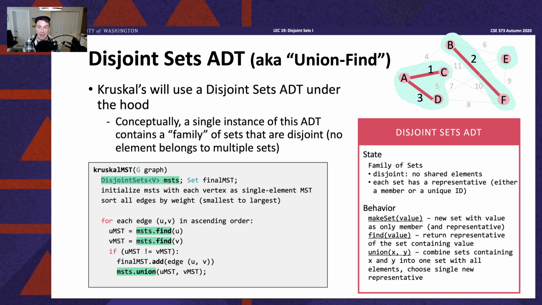How should it behave? So a disjoint sets ADT, we'll think about its state as being a family of sets. In this partial run of Kruskal's over here, we have three sets that together form a family. Each of these sets are going to be disjoint, meaning that they don't have any overlap.